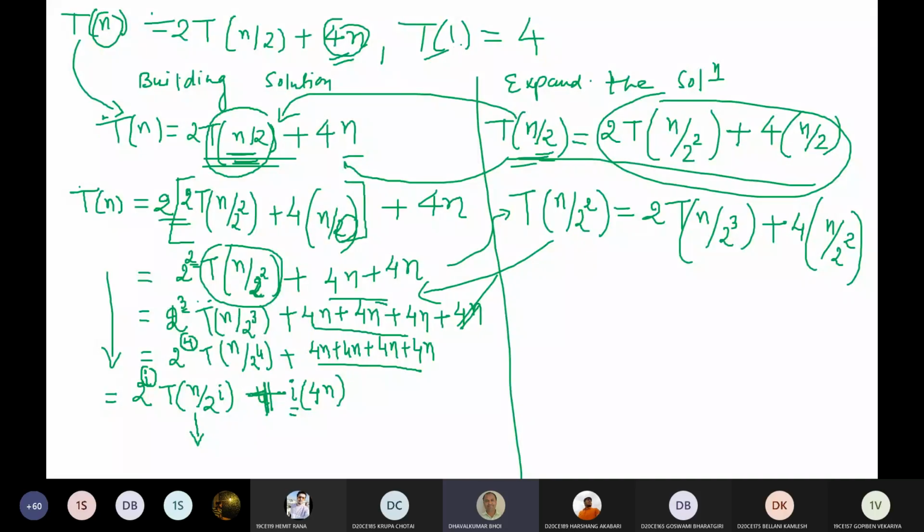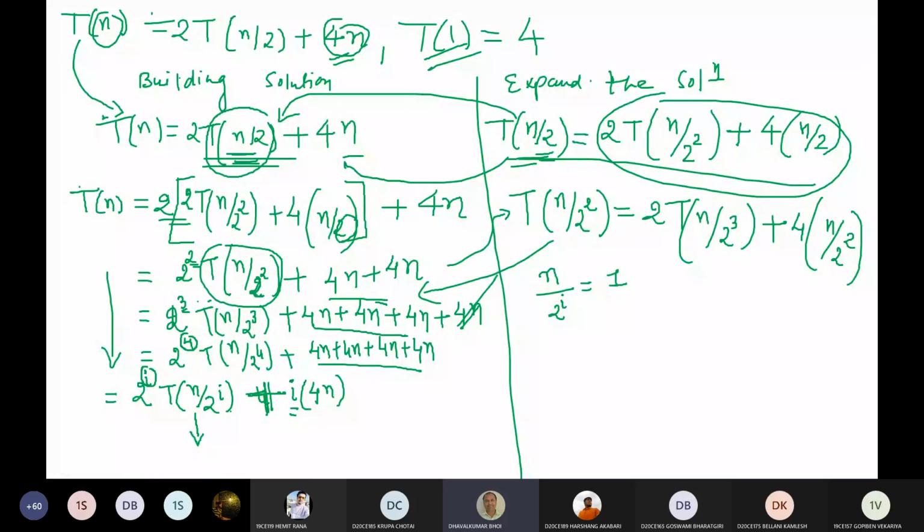Till we reach the base condition means till we reach t of 1. So when will we get t of 1? When the value of n divided by 2 raised to i is equal to 1, I will get my base condition, t of 1.